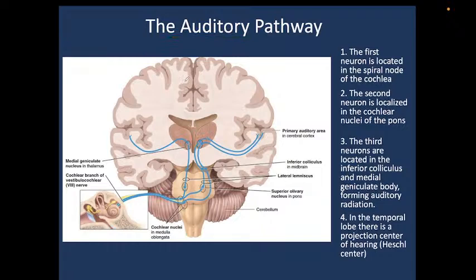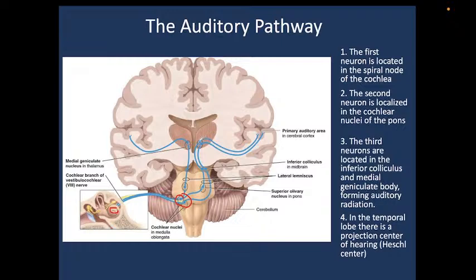So the auditory pathways consist of four groups of neurons. First neurons are located in the spiral ganglia of the cochlea. Then the second neurons are the cochlear nuclei of the pons.